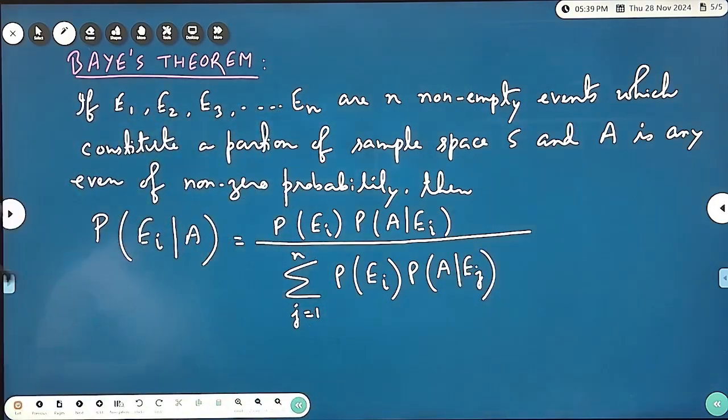Alright, so this is the Bayes theorem, slightly different and difficult.